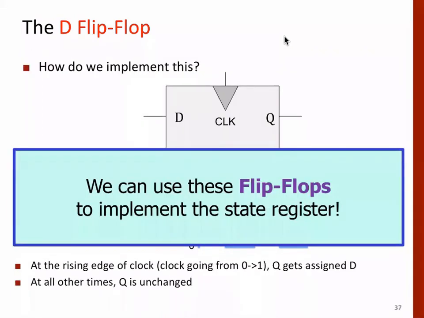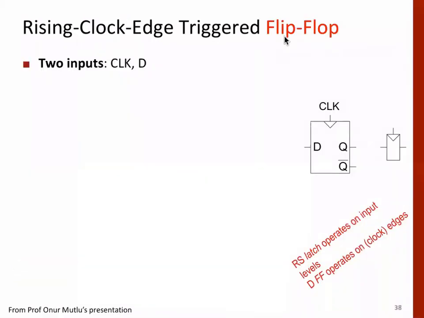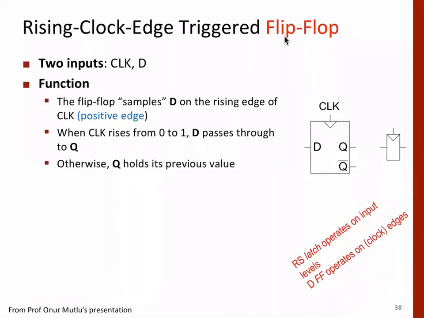We can use these flip-flops to implement the state register, because we have solved this problem of glitches. We can now define a D-type flip-flop as follows. We have a clock, a D input, and two outputs Q and Q bar, which are opposite of each other.